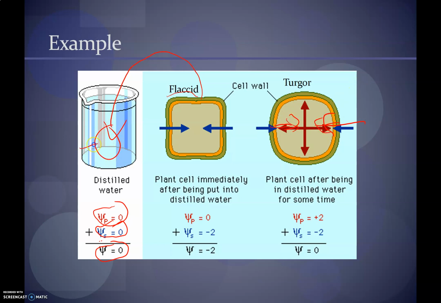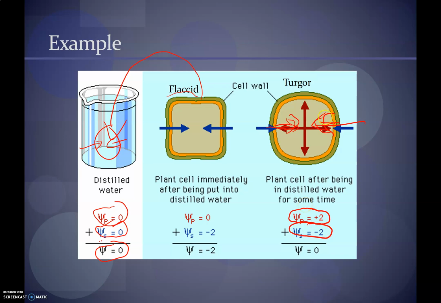Well, if you see here, the water flows in, okay, because the distilled water has a water potential of 0, and the cell has a water potential of -2. What's going to start happening is the vacuole is going to fill up, and it's going to create a positive pressure, which is going to cancel out the negative solute potential.